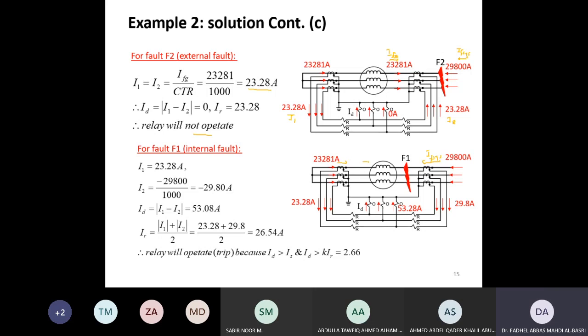So these are feeding the fault. In this case, if I divide this by the CT ratio, I get this. If I divide this by this CT ratio, I get this. However, the current now has reversed. Now current leaving this dot corresponds to current entering the dot. So this is the polarity.